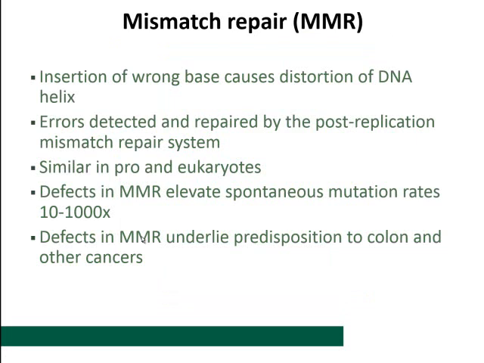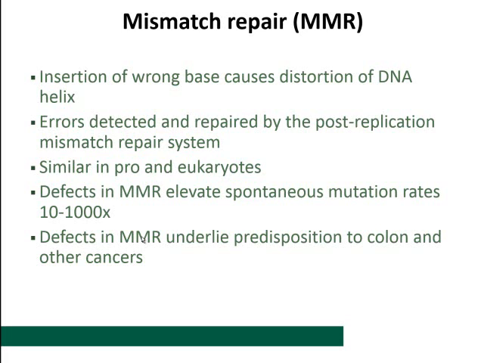The next one is called mismatch repair, and this occurs when DNA replication is going on, and a nucleotide is put in that is not complementary to the base on the strand. That is going to be removed, and this is the process of removal. When the wrong base is inserted, distortion of the DNA helix will occur because it just doesn't fit.